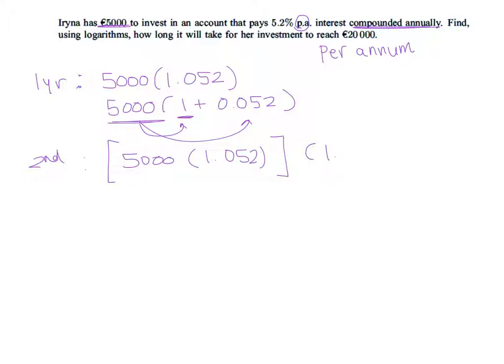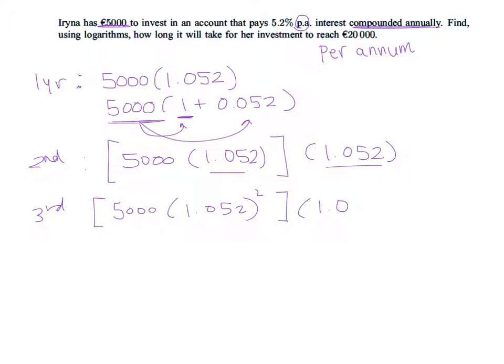So times 1.052 is the amount of money that she's going to have in the second year. And the third year, as you can imagine, is going to be what she has after the second year, which is 1.052 raised to the second power, because we have two of these, and then multiplied again by 1.052.